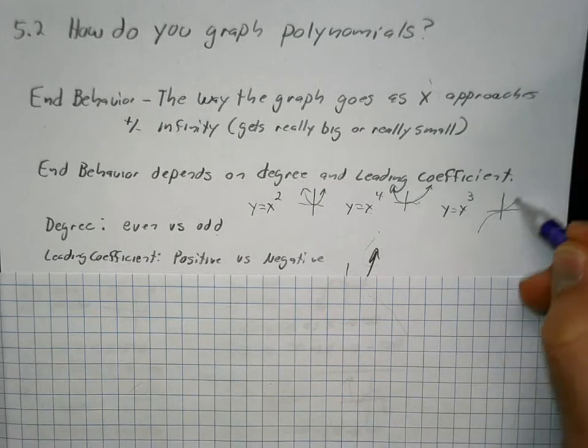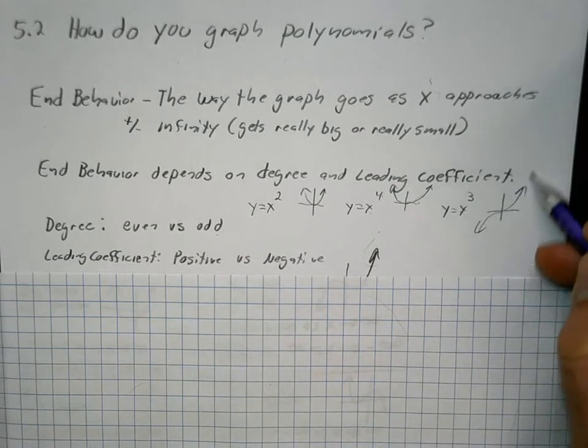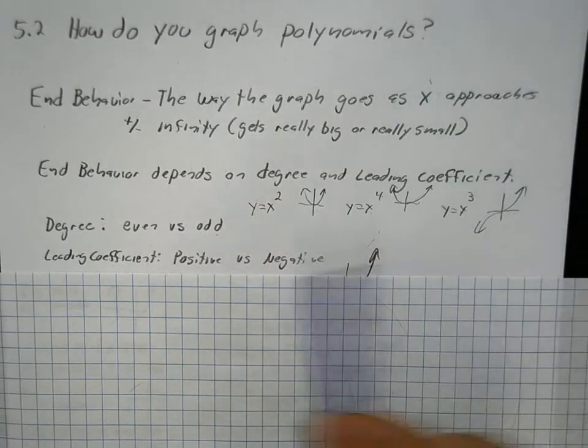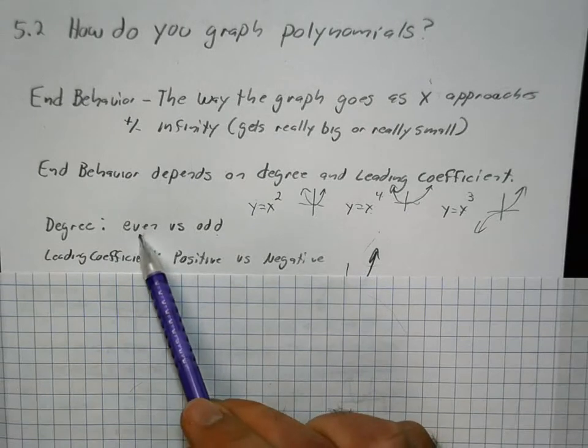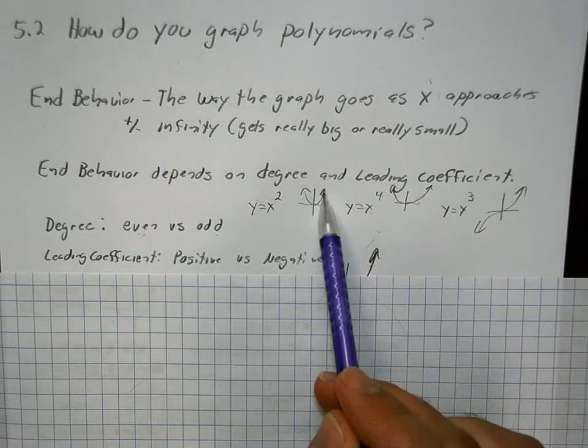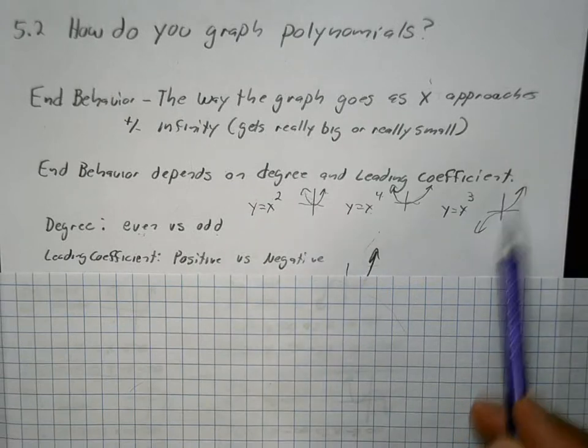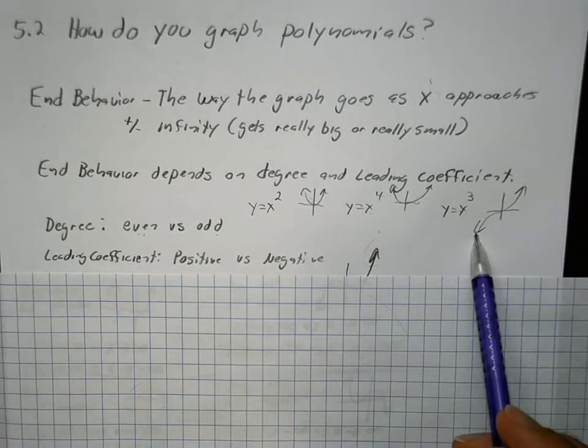So these graphs are going to look something like this. So the right side is increasing, but the left side is going towards negative infinity. Okay, so with even exponents, both ends are increasing, and with odd, the positive end is increasing, the negative end is decreasing.